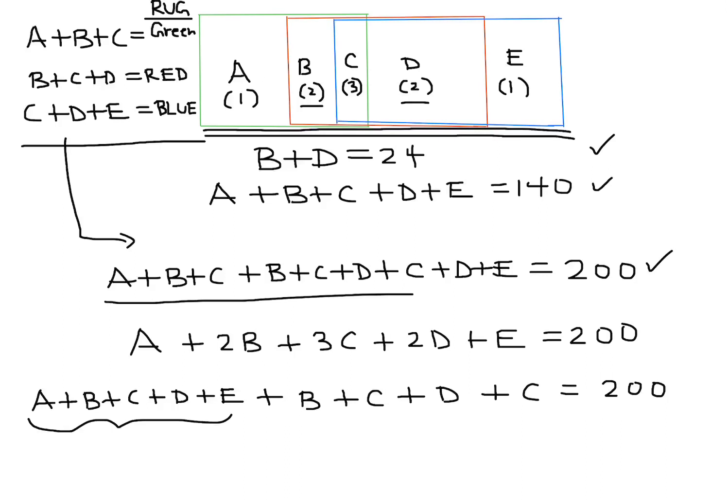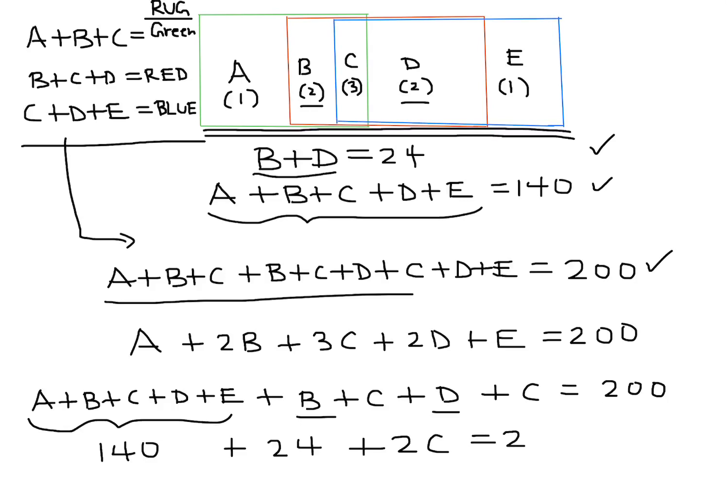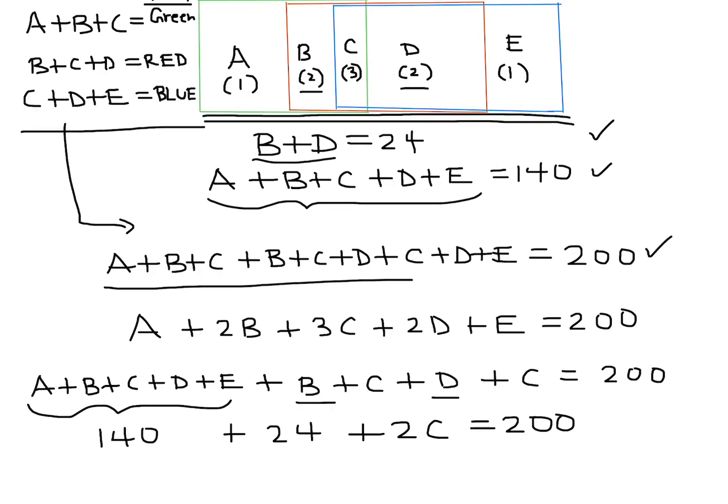And the reason I did that is because A plus B plus C plus D plus E is 140. And then B plus D is 24. So B plus D is 24. And all you're left with is just 2 C's. So that will help us figure out the value for C.